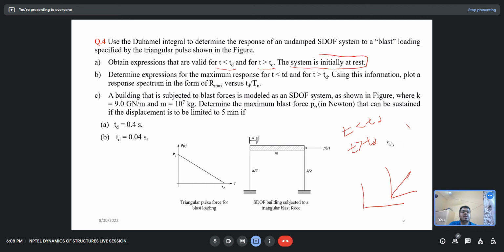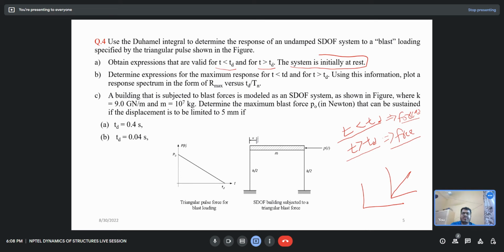If t is less than td, it is your forced vibration phase in which your force is acting, and for t greater than td, it is a free vibration phase, the phase after the loading has passed and the response of your system.